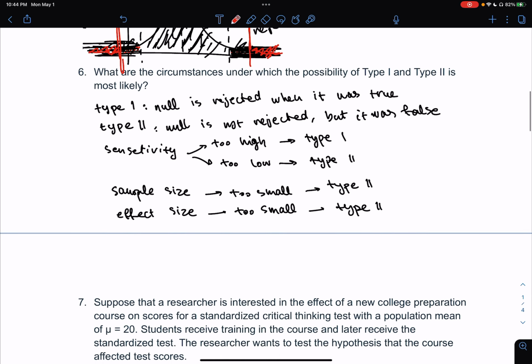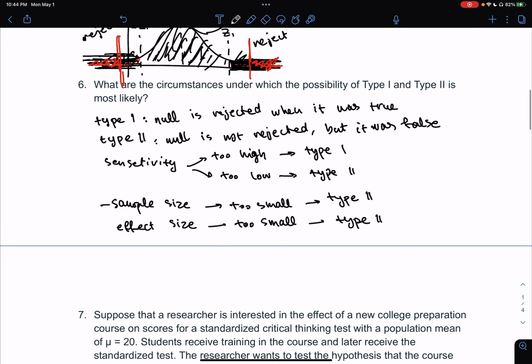If the sample size is too small, again we are less likely to reject the null, since we might not have a large enough sample to confidently reject the null.